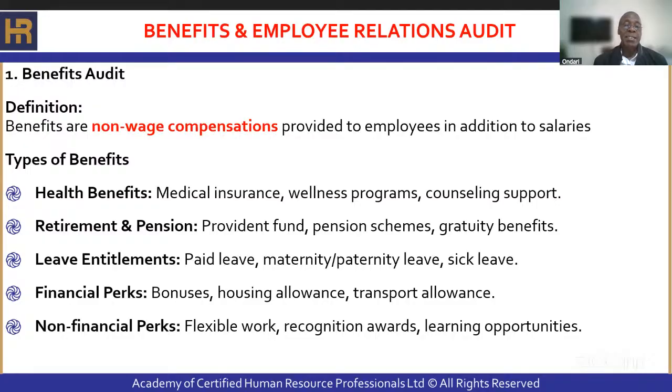Like maternity, instead of giving the 3 months, some organizations extend to 6 and others to 1 year. Paternity leave is 2 weeks as provided in the Employment Act, but in some organizations, this leave can be extended to 1 month so that the father of the child can take care of the mother and the child.